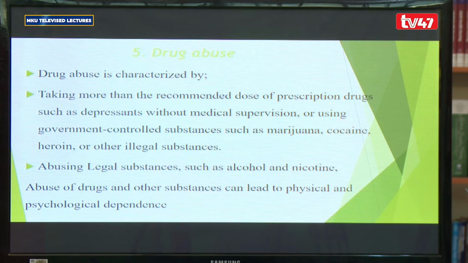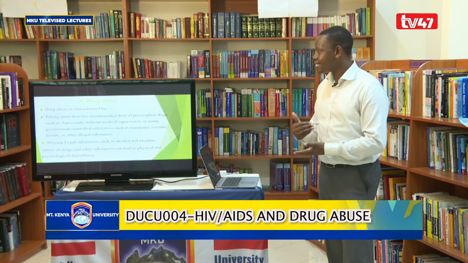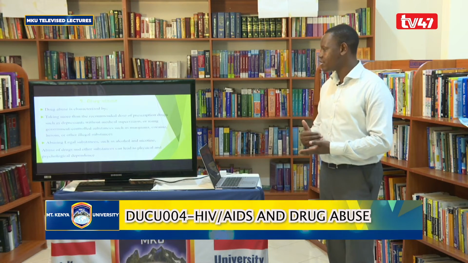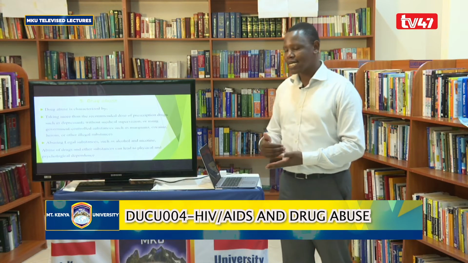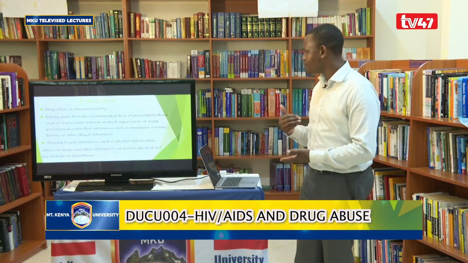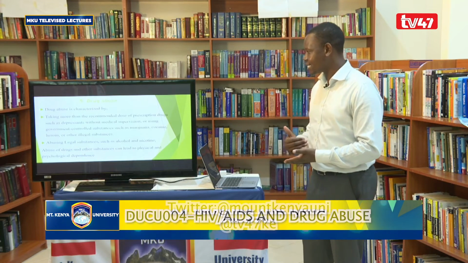Now let's look at drug abuse. Drug abuse is characterized by taking more than the recommended dose of a prescription drug, such as depressants, without medical supervision, or using government-controlled substances such as marijuana, cocaine, heroin, or other illegal substances.